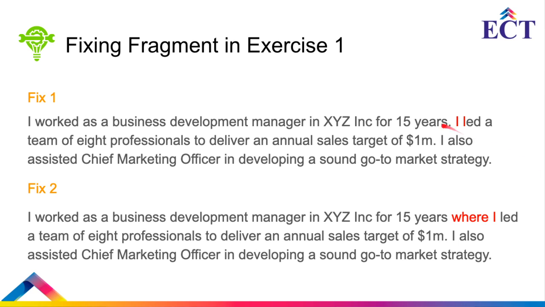So either I can make it I led a team of 8 professionals, or if you feel that I worked, I led, I also assisted, is becoming too bland or too boring, you can say I worked in XYZ for 15 years, where I led a team of 8 professionals.